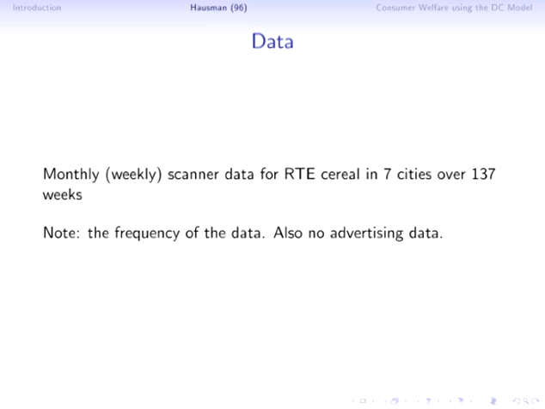There are two key issues that came up in some of the discussion that follows. One is that this is much higher frequency data, which is going to be a bit of an issue when we talk about the price variation and what we're actually going to get from it, although I'm not going to do much with it. The other is that he has no advertising data, and that came up in some of the comments that followed on this paper.